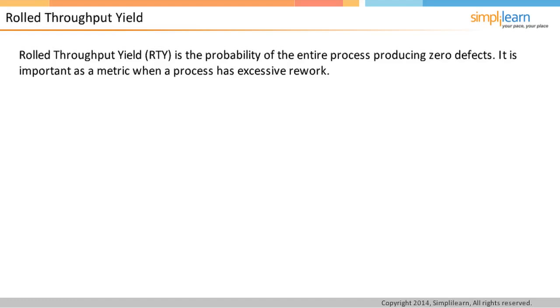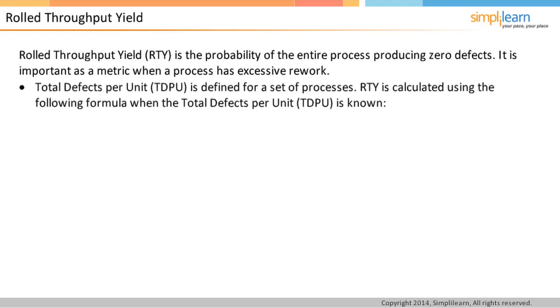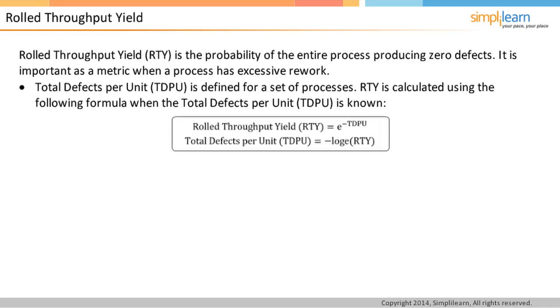TDPU is total defects per unit and is defined for a set of processes. When the total defects per unit is known, rolled throughput yield is calculated using the expression e to the power of negative of TDPU.